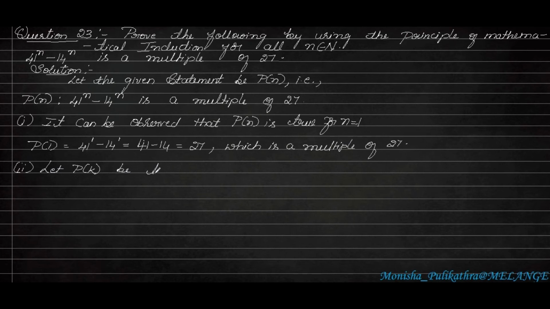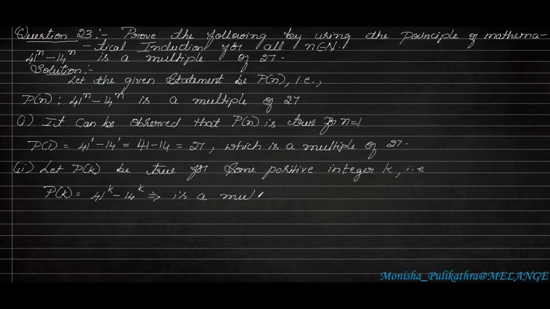So the second step is, let p of k be true for some positive integer k. So wherever n is there, we have to substitute k here. So p of k is equal to 41 to the power of k minus 14 to the power of k, which is a multiple of 27.